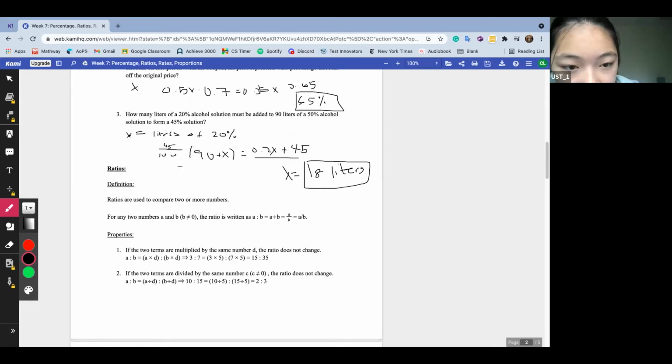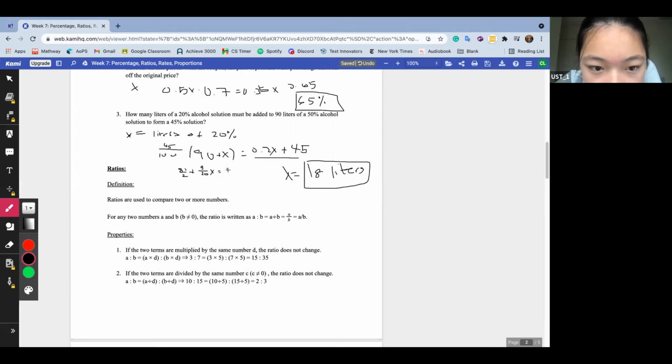So 9/20 times 90, we can cancel out the 10 from them, and we'll get 81/2 plus 9/20 x equals, over here, I'll just put it as fractions.